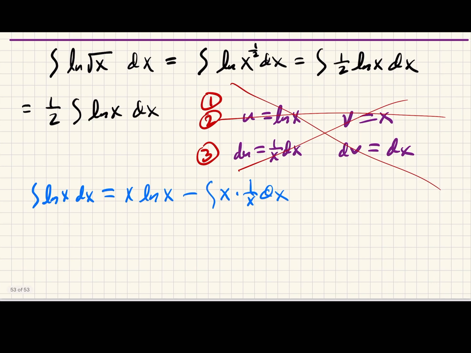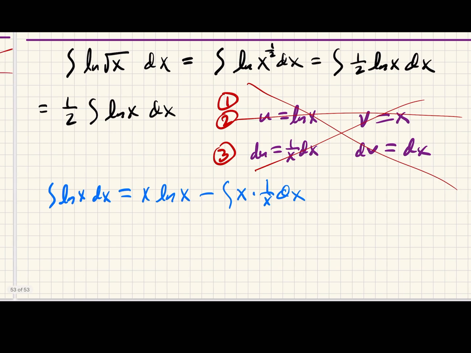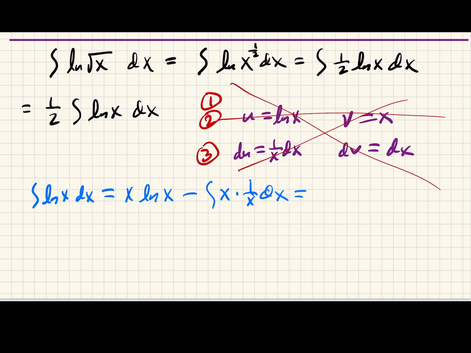That's not hard to integrate. So that's just going to be x natural log x minus integral dx, which would just be x natural log x minus x plus some constant, right? I do have a 1/2 though to deal with from the start.